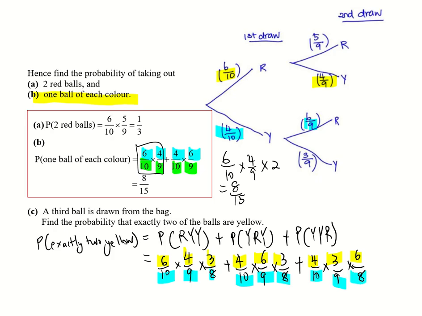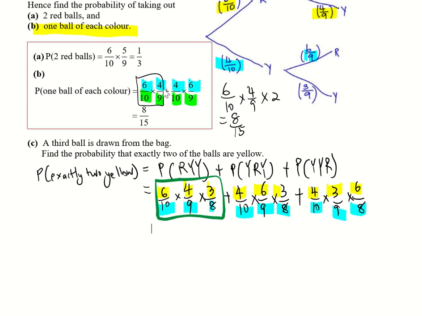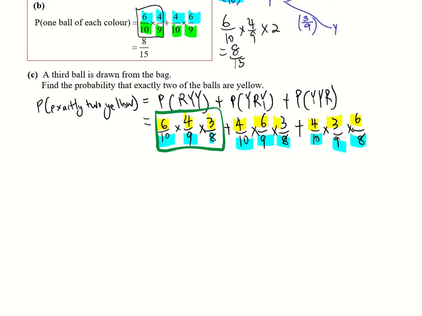So if I can just look at one of them, that means our alternative method will be, or we can also do one of them, 6 over 10 times 4 over 9 times 3 over 8, and then I multiply by 3.